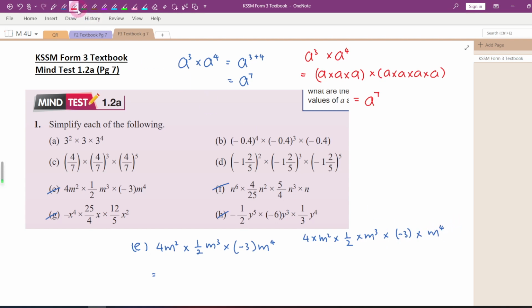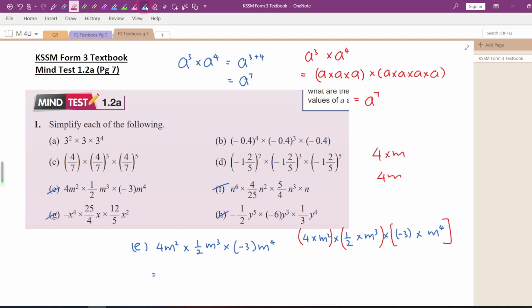Okay, let me put a parenthesis over here to group them together so that you won't get confused. So this one is for this, and this one is for the last part here. Okay, but since this is a variable, 4 times m, we don't have to write the multiplication sign, right? We just need to write 4m.